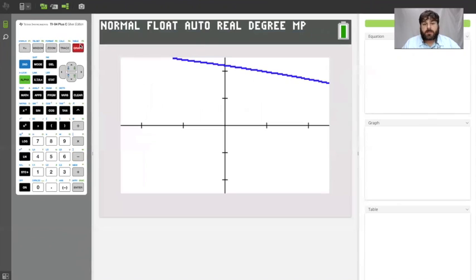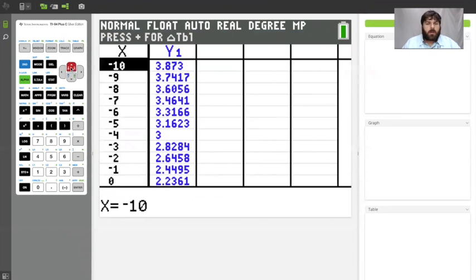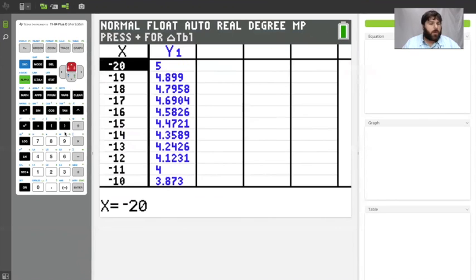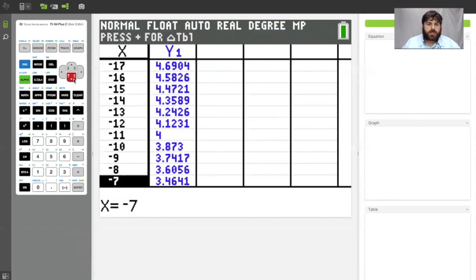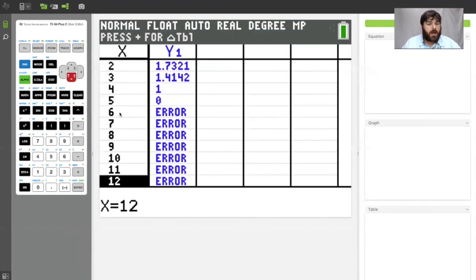You could graph this, and you could zoom, or you could look at a table maybe, right? Look at your table, and what do you notice? All these x numbers are okay because we all get a y number. All these x numbers are fine. We get y numbers. Nothing crazy happens. Okay, domain restrictions are when something really crazy happens. Except for right here, when x is 6, we start having issues.